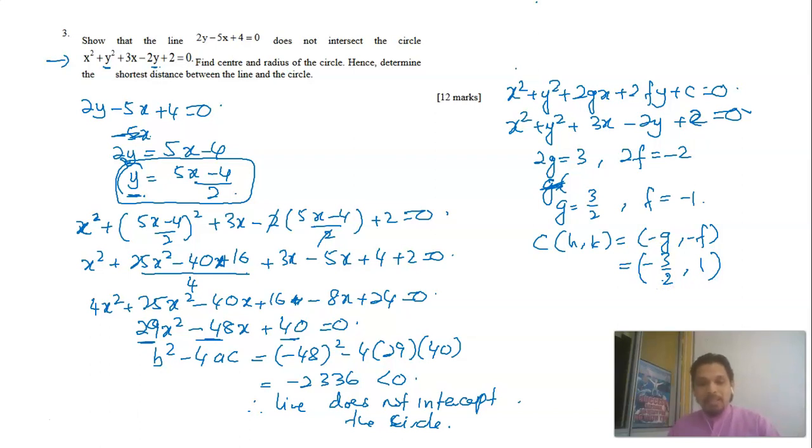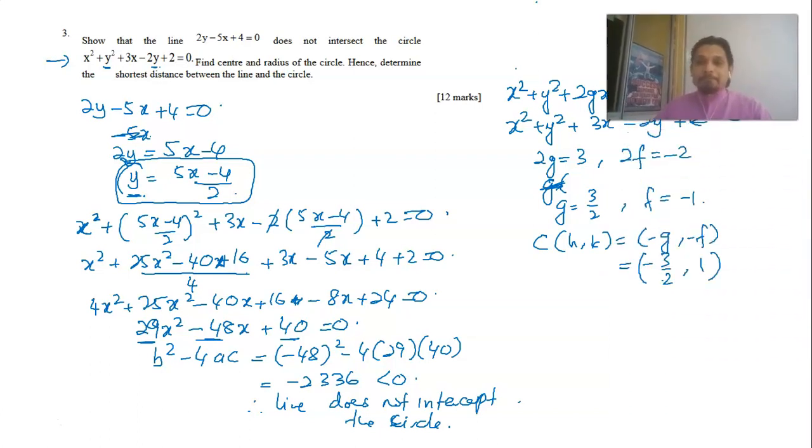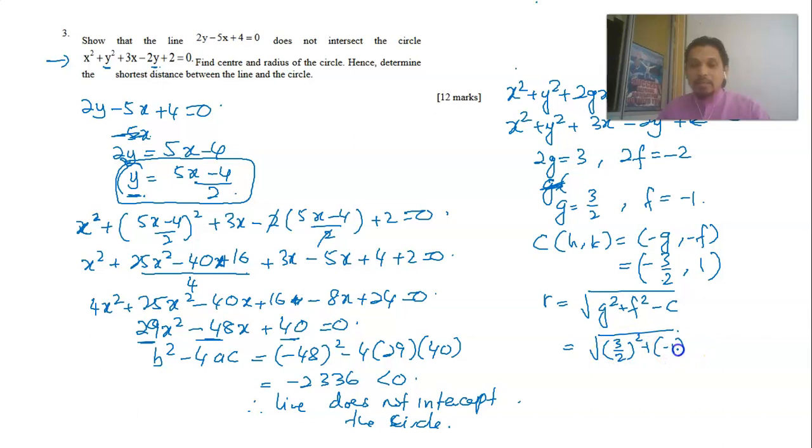Okay, and then the center is negative 3 over 2 and 1, and the radius r equal to the square root of g squared plus f squared minus c. Square root of (3 over 2) squared plus (negative 1) squared minus c, where c equal to 2.